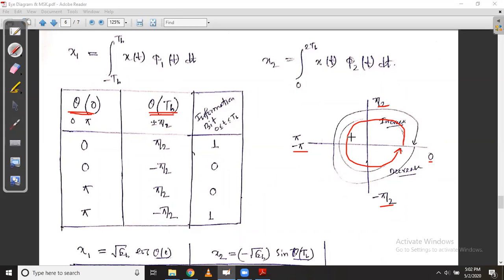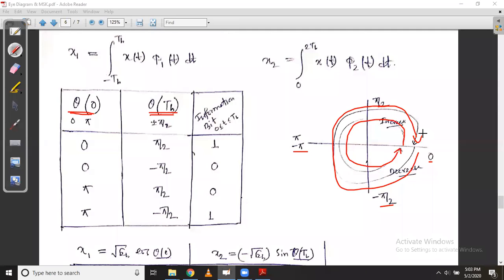That means 0 to pi by 2, pi by 2 to pi, pi to minus pi by 2, in that way. Whenever you are moving clockwise, definitely the phase angle value is decreasing.